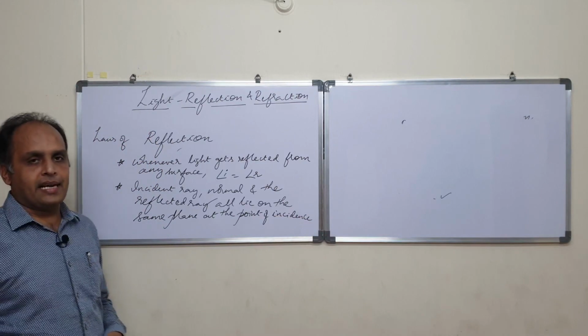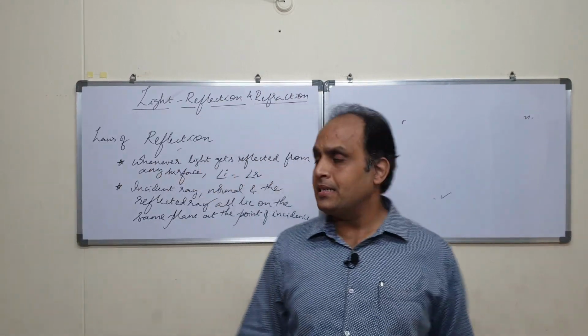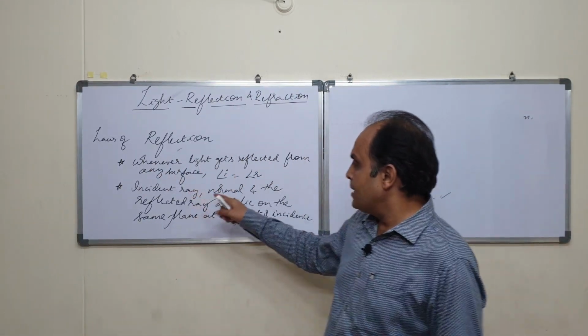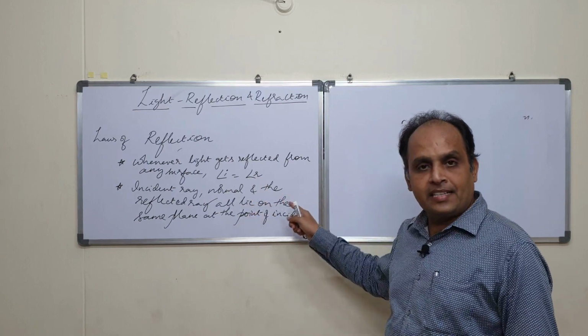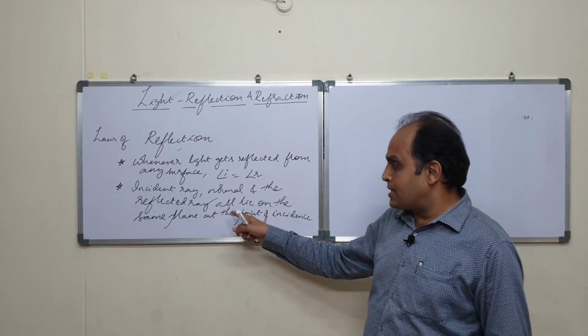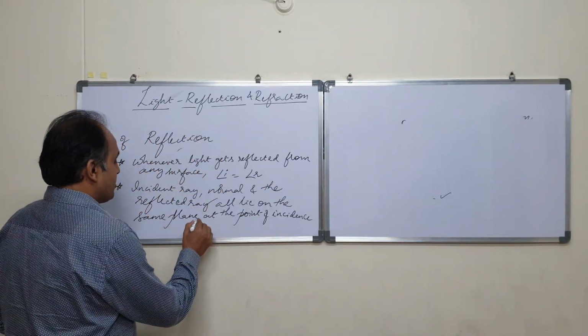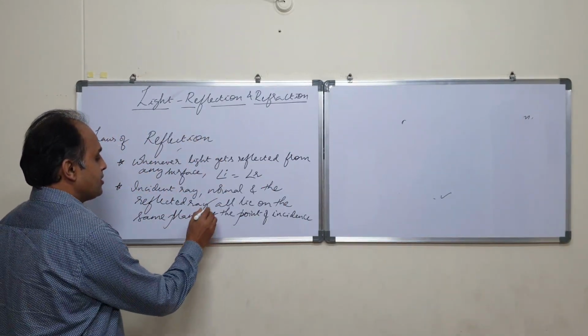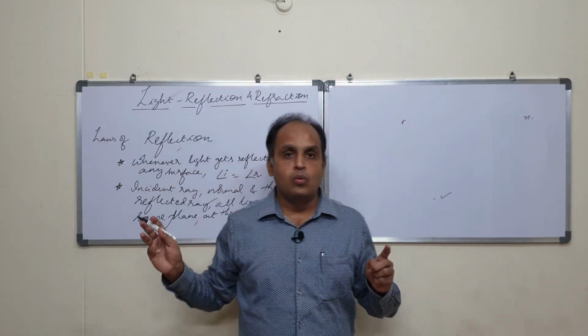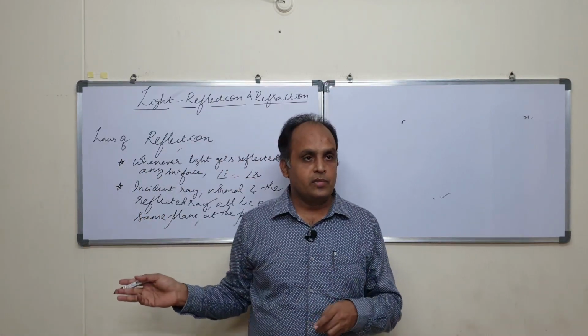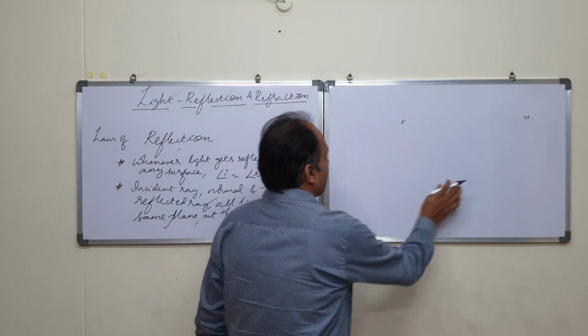The second law, I'll repeat it. The incident ray, the normal, and the reflected ray all lie on the same plane at the point of incidence. So this is the second law. Now let us look at this second law.